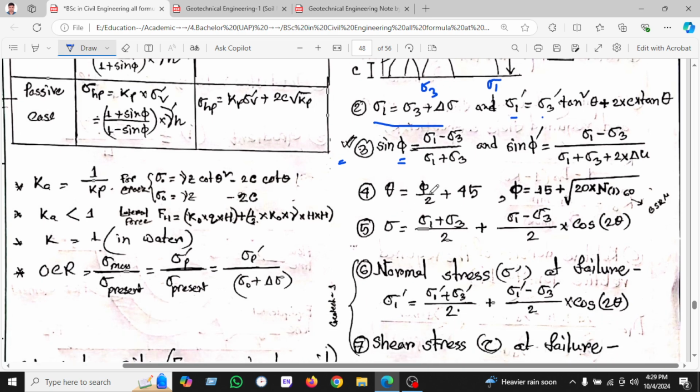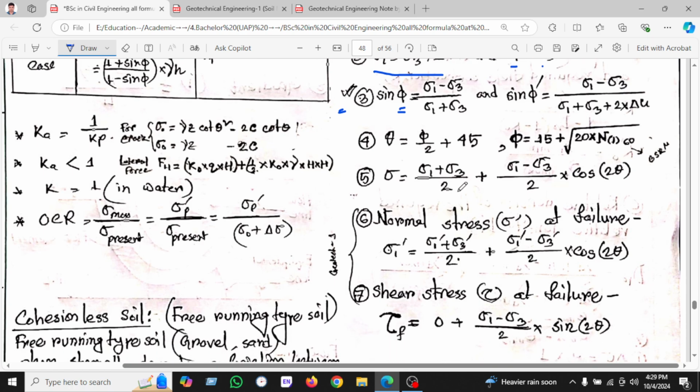Okay, theta equals phi by 2 plus 45, and phi equals the square root of 20 times N160 plus 20, which is found from the SPT correction. Sigma equals sigma 1 plus sigma 3 divided by 2, plus sigma 1 minus sigma 3 divided by 2, times cos 2 theta.